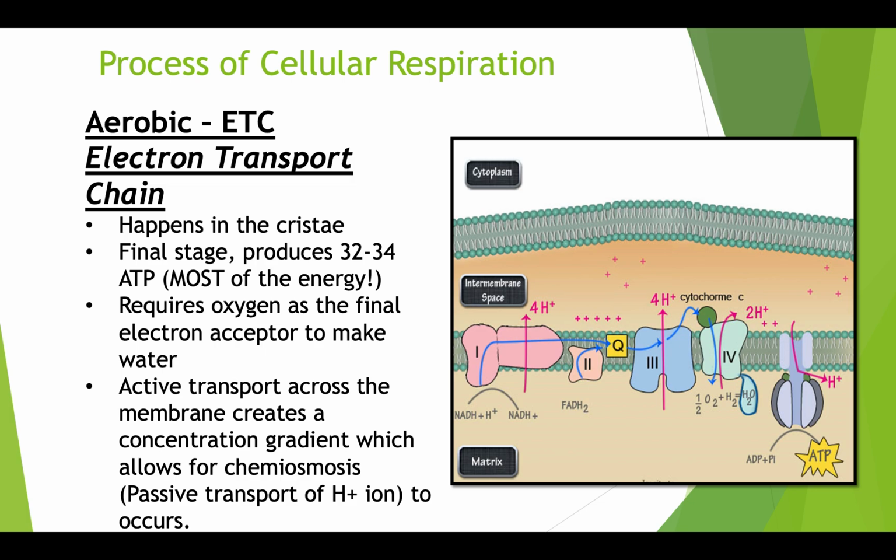It requires oxygen as the final electron acceptor to make water. And then the active transport across the membrane creates a concentration gradient, which allows for chemiosmosis. This is passive transport of the hydrogen ions to occur.